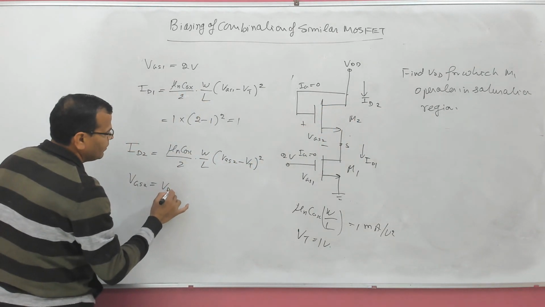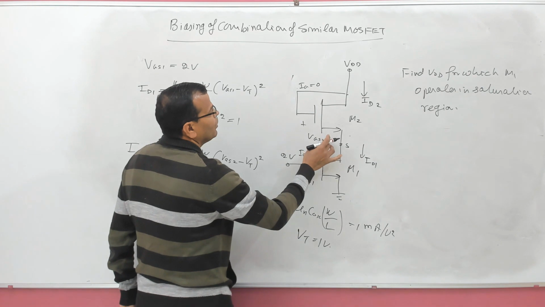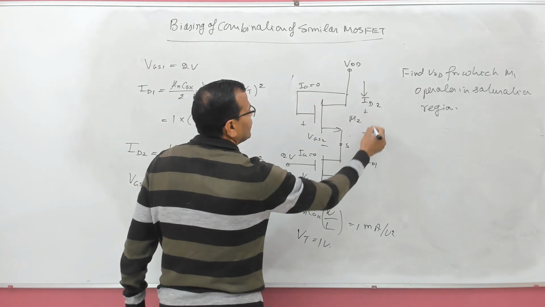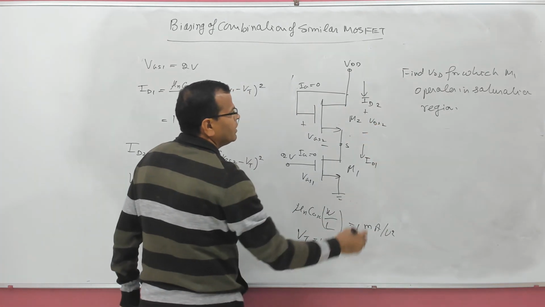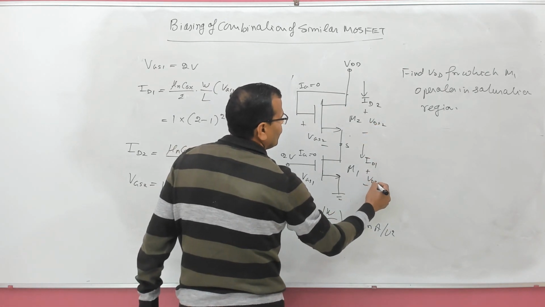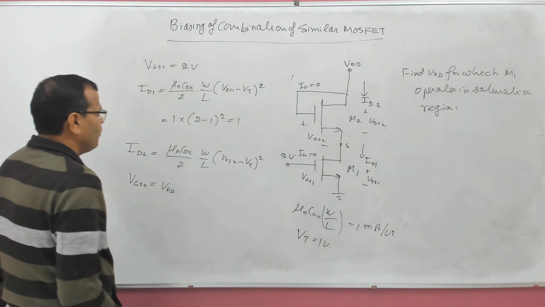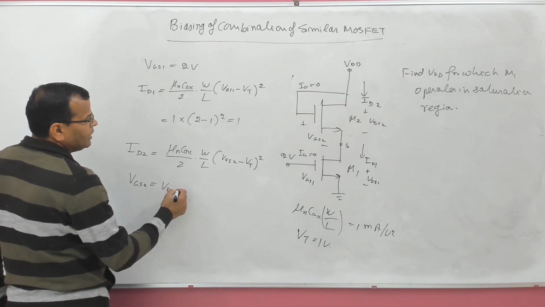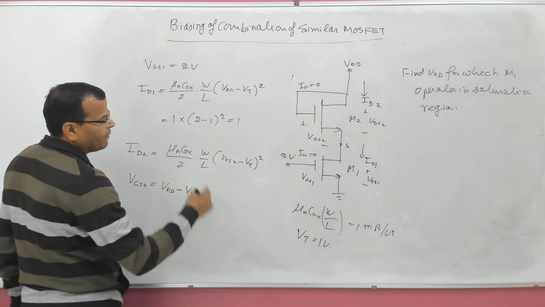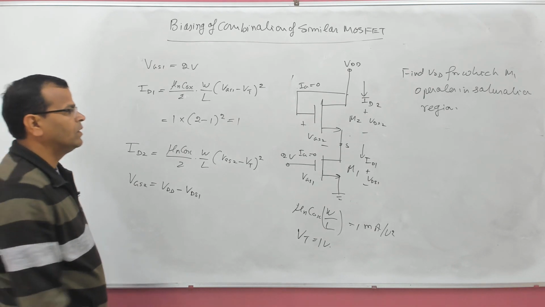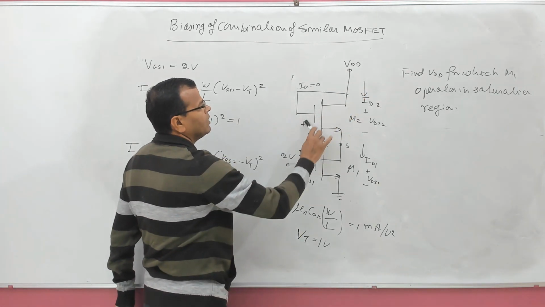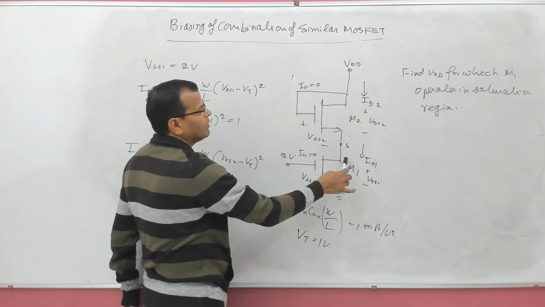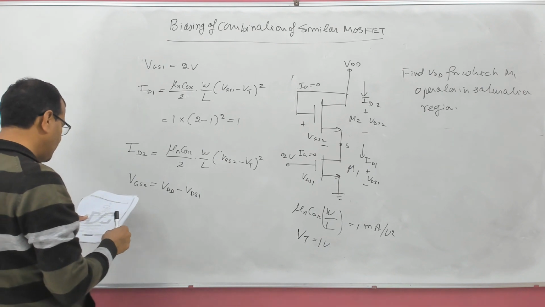VDD. This voltage is same as this voltage. So this is VDS2, this is VDS1. Fine. So VGS2 is nothing but VDD minus VDS1. This voltage is same as this voltage. So this voltage will be VDD here. So the VDD minus VDS1 will be VGS2.